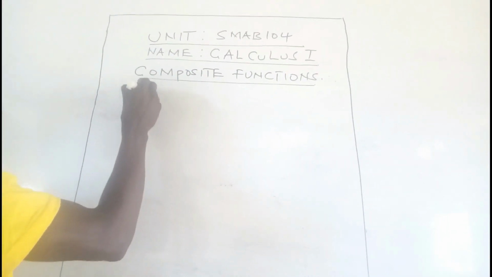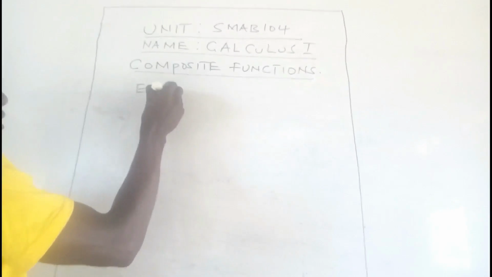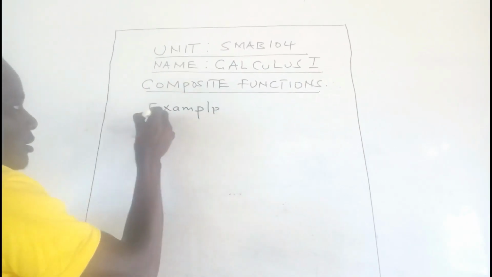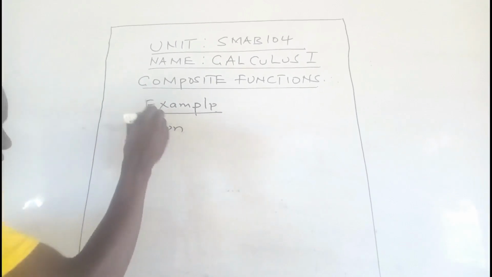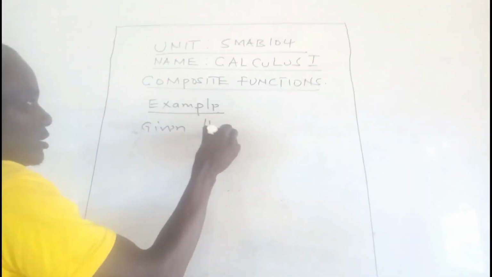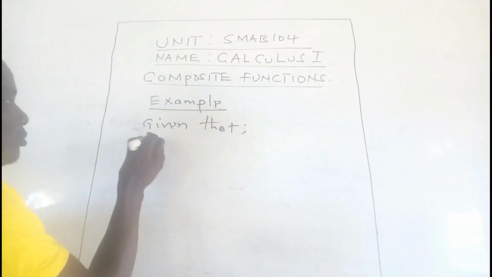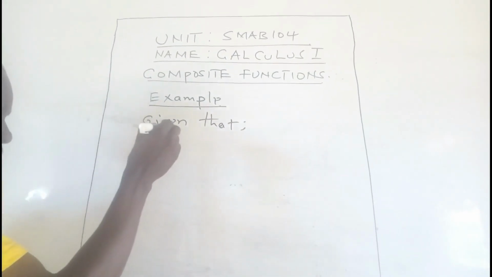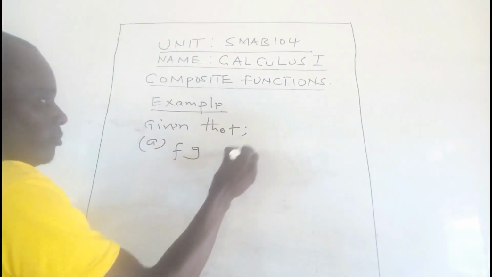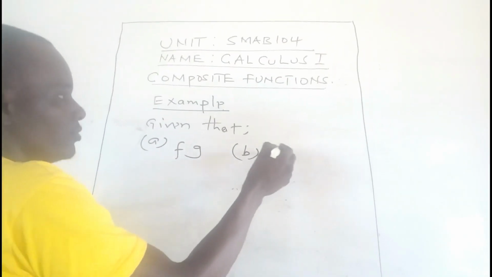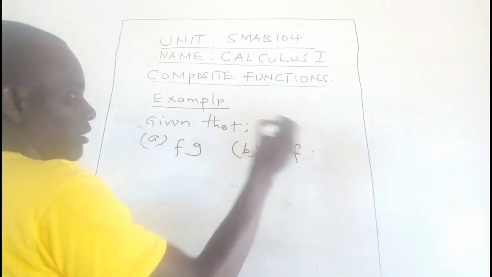The first example will be: given that at A we have fg, and then at B we have gf.